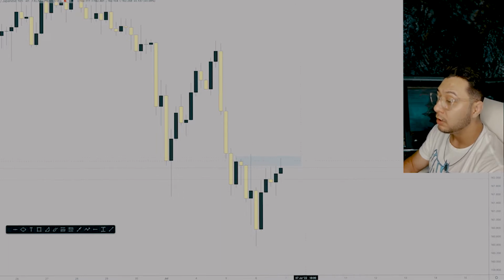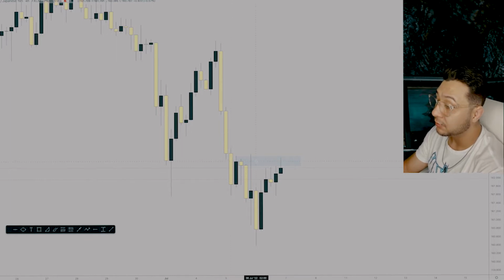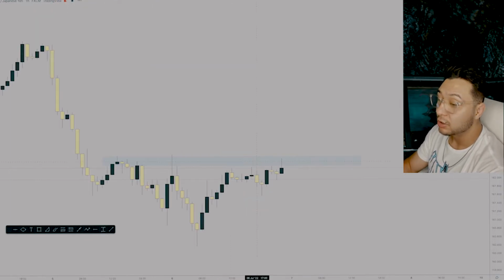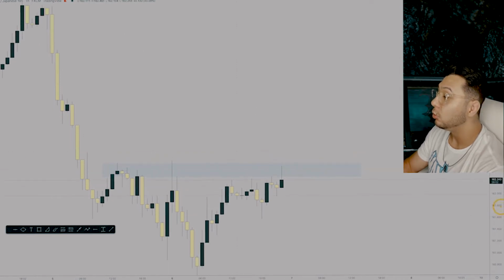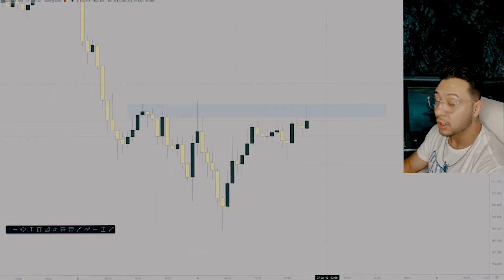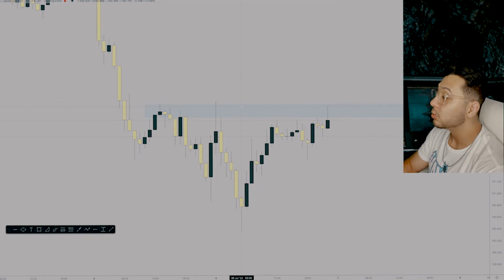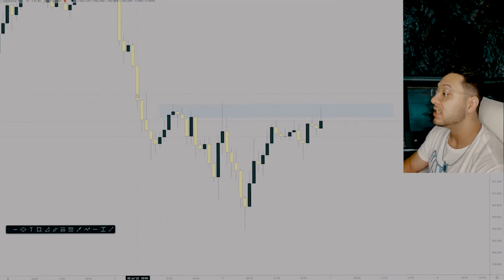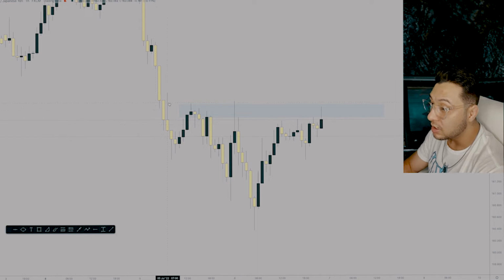There's an area of resistance here, and the zone that's drawn is an area of supply for a few different reasons. If you go down to the lower time frame here, on the 1 hour, this zone was drawn on the 4-hour. On this 1 hour time frame, we have more details, and you can see in this zone is a lot of wick rejections, making this an area of strong supply.